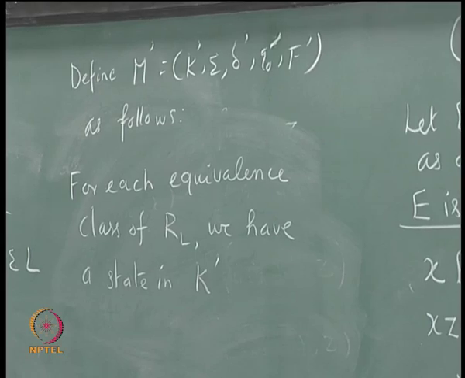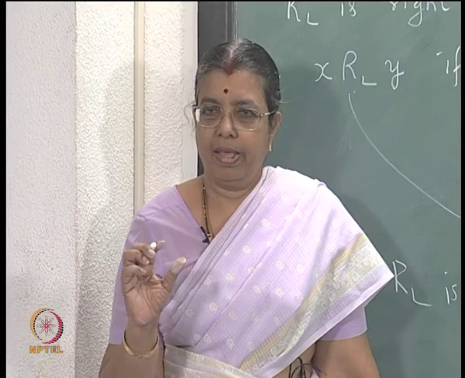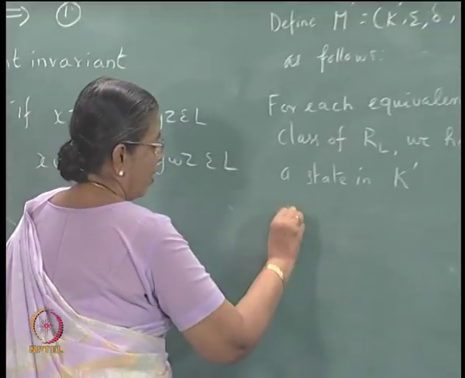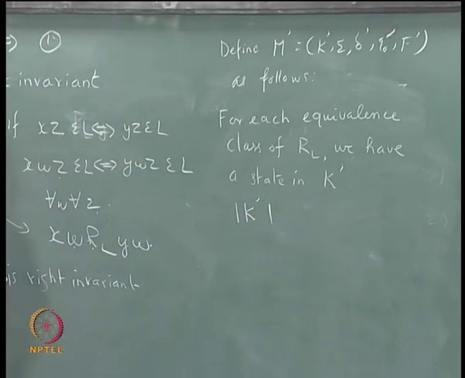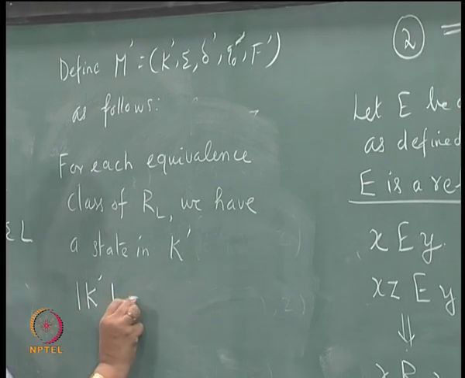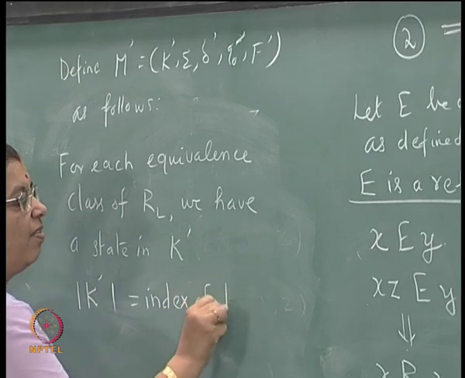Corresponding to each equivalence class of RL you have a state in K dash. So, what is the number of states of K dash? It is equal to the index of RL.